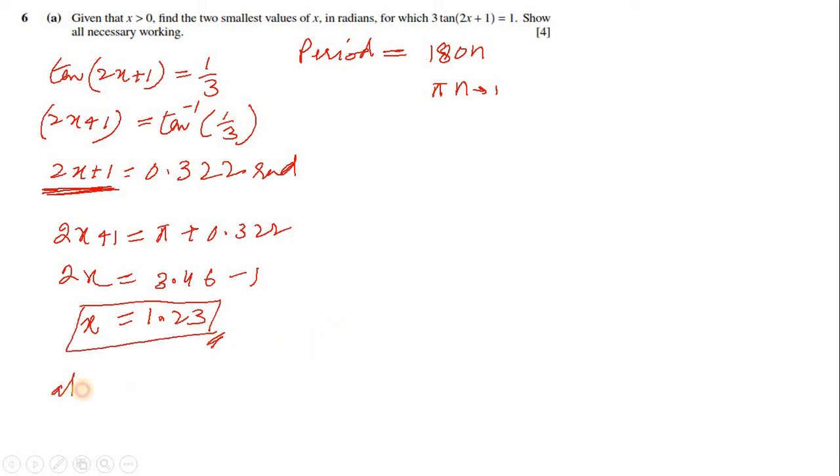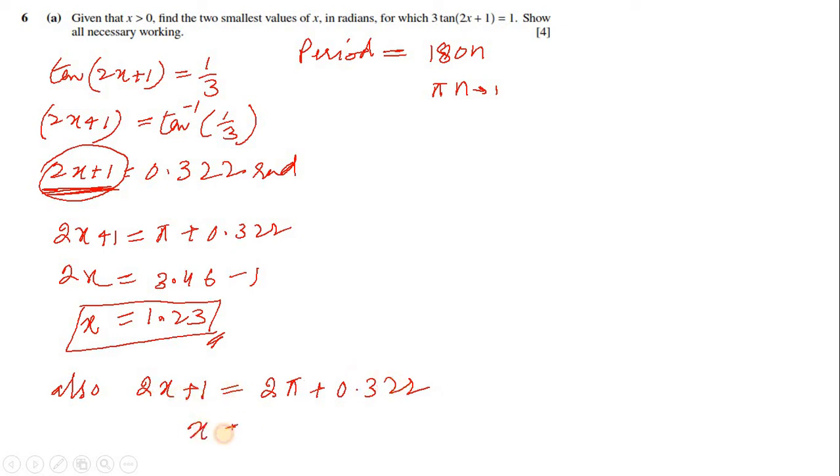Also, the second value will be given by the same angle 2x plus 1 equal to 2 pi plus 0.322, and then again you do the same step, simplifying for x.